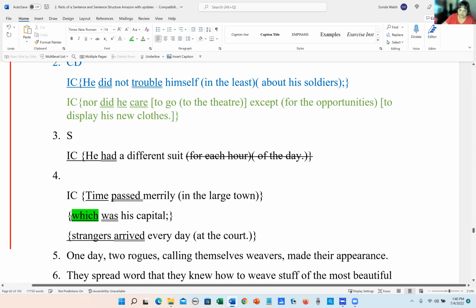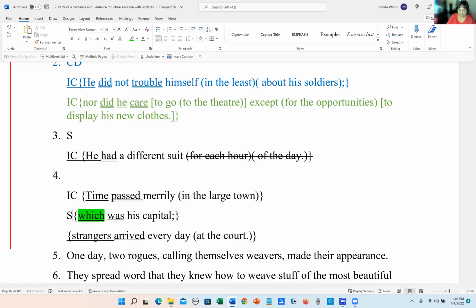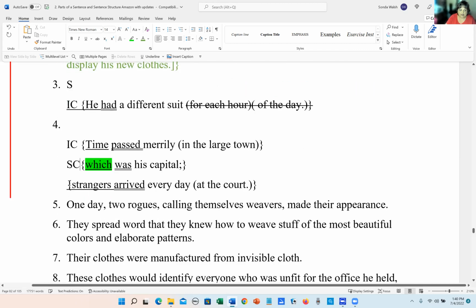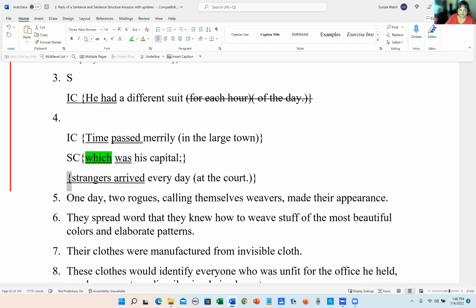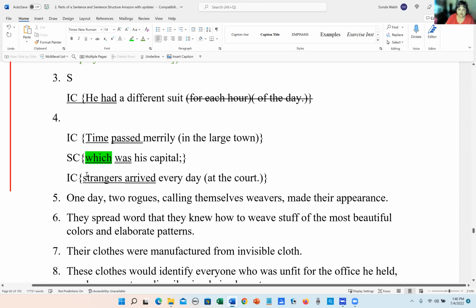Okay, that makes this a subordinate clause. And then strangers arrived every day at the court. We don't have any subordinating conjunctions or relative pronouns. So this sentence, we have two independent clauses and one subordinate clause. That makes it a compound-complex sentence.